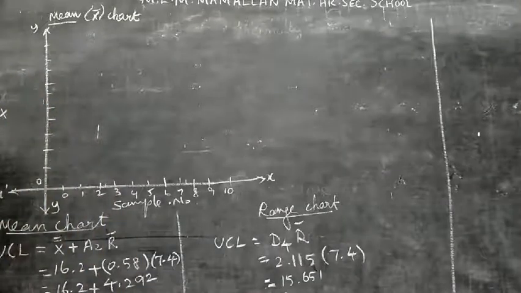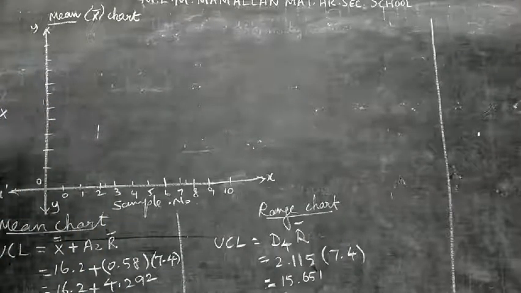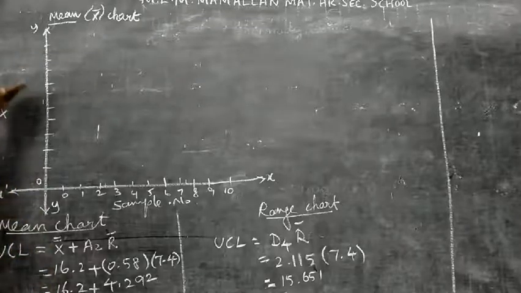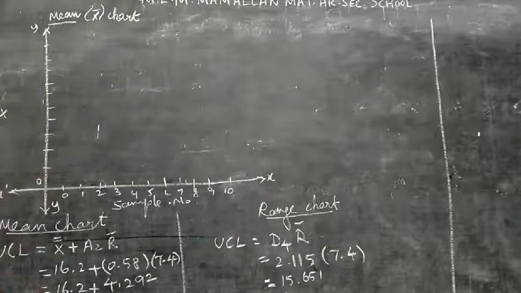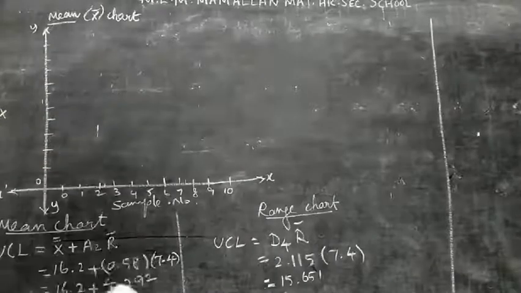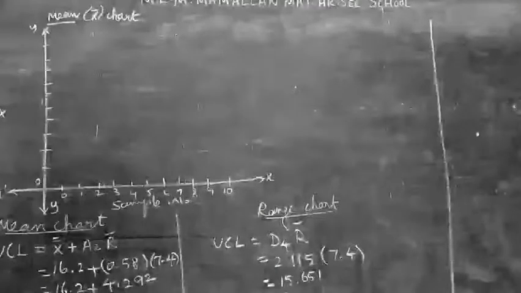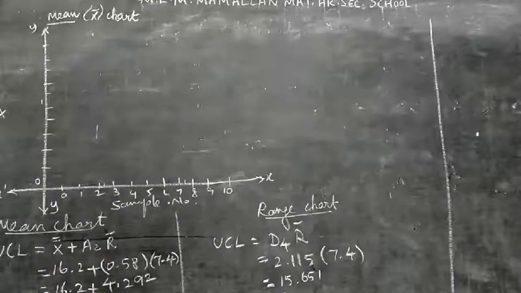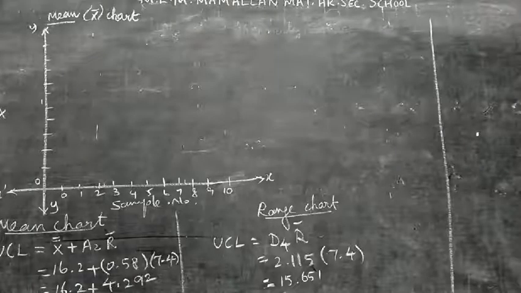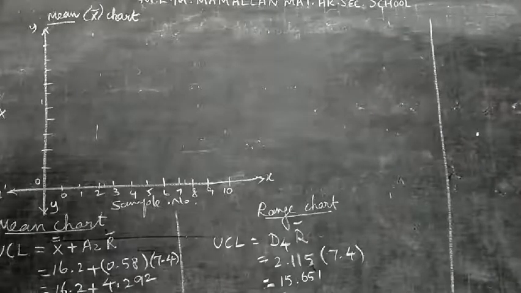Okay, we are giving the graph for the X bar chart. Here we are going to assign the numbers to the y-axis. Our data is 15, 17, 15, 18, 14, like that, to plot. So all values start from 14, I think 14 onwards you are having in the y-axis.